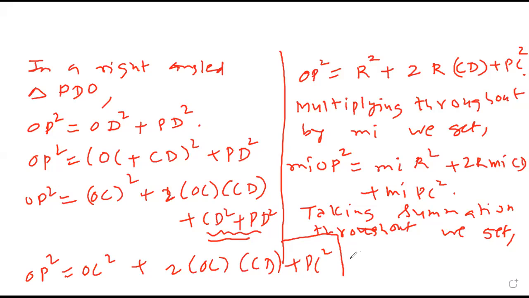Taking summation throughout, we get, left hand side, it is summation of Mi OP square, correct? Right hand side, what is first term?